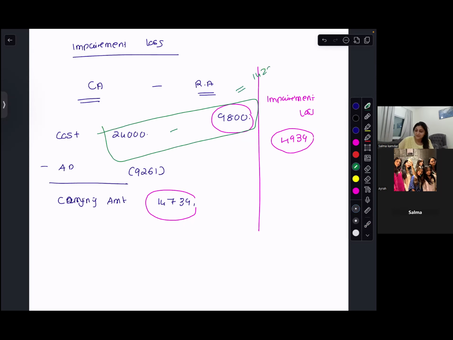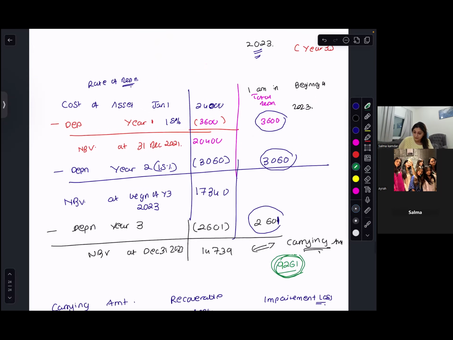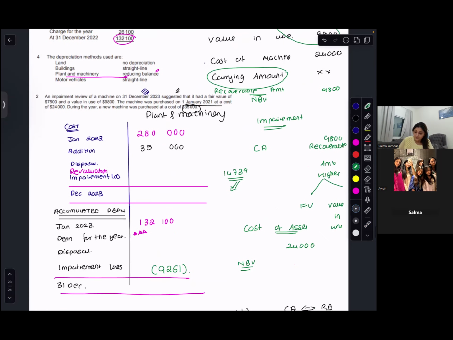From the cost section, I will remove 14,200. Are you with me? So for impairment loss, from the cost section, I'm going to remove 14,200. From the depreciation section, I will remove 9,261. So this would be the cost minus the recoverable amount.